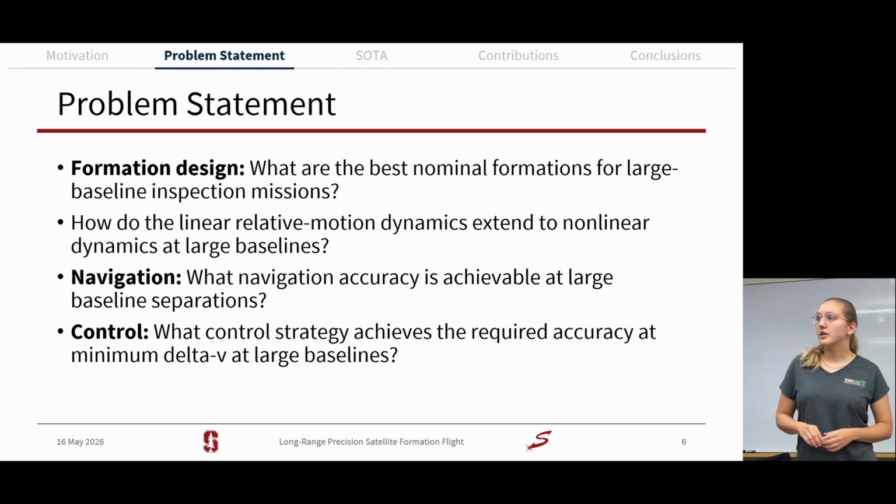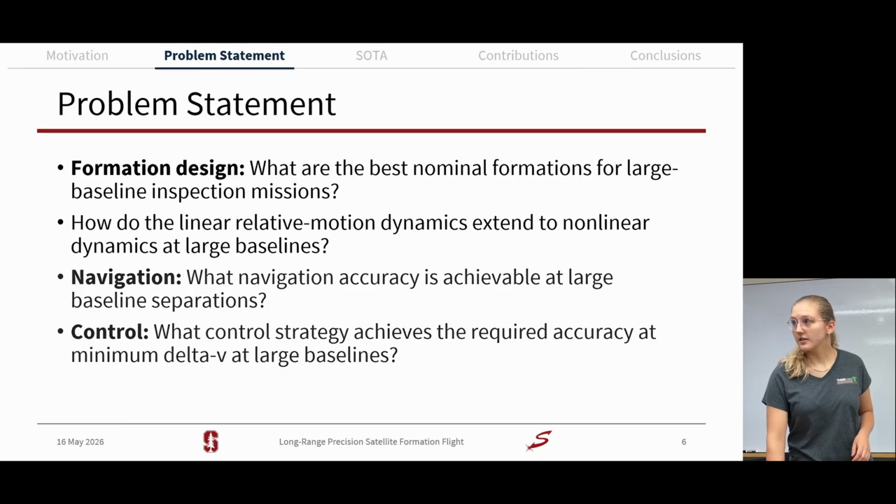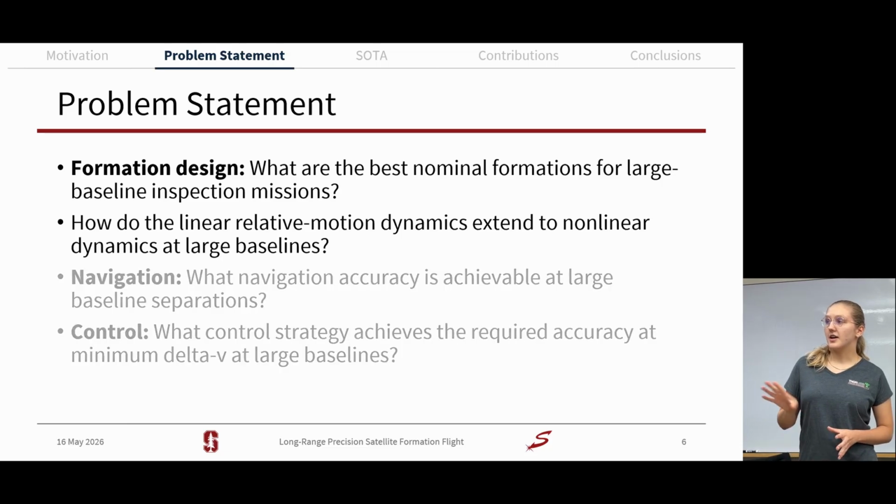And then, not to be understated, are also the navigation and control problems that can be asked here. So how can we achieve these really tight navigation and control accuracy constraints? Today, I'm not going to address navigation and control and focus on formation design, but I did want to mention these as they are very essential to this problem further down the road.